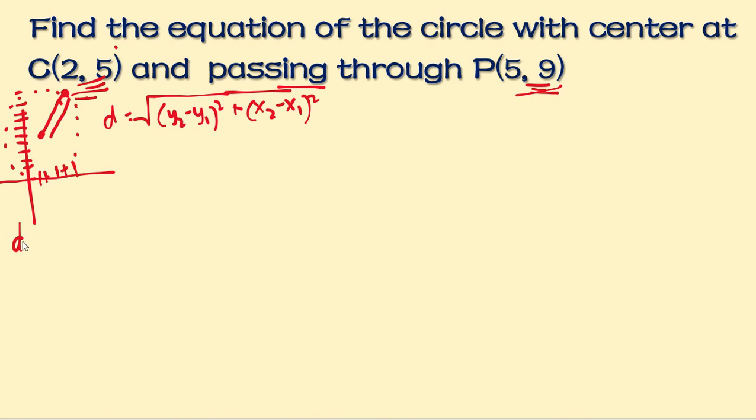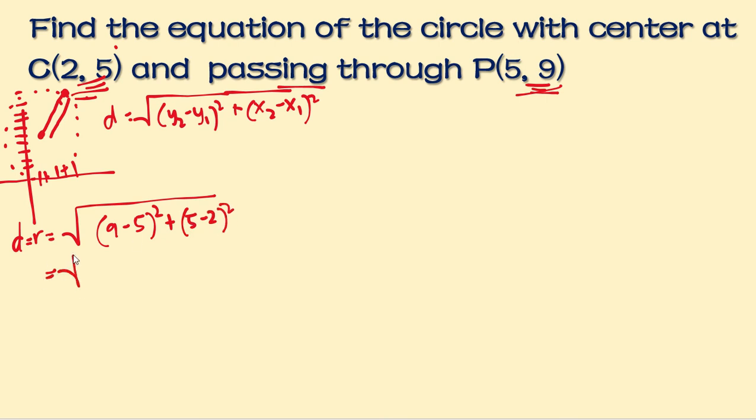So, di ba d is equal to r or yung radius na din natin is equal to square root of, ano ba yung y sub 2 natin? 9, minus y sub 1 natin, which is 5, then squared, plus, ano yung x sub 2? 5 minus 2, squared.